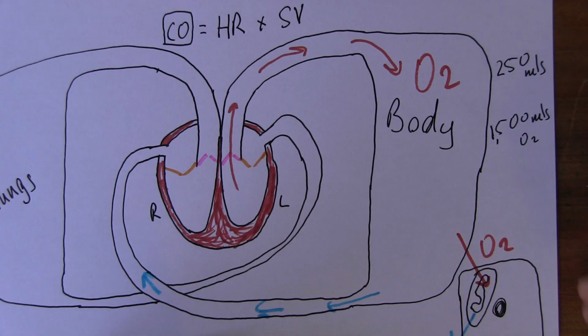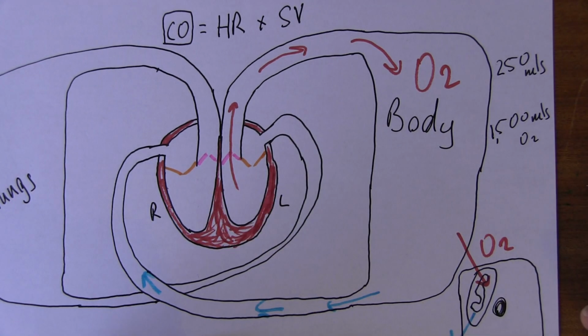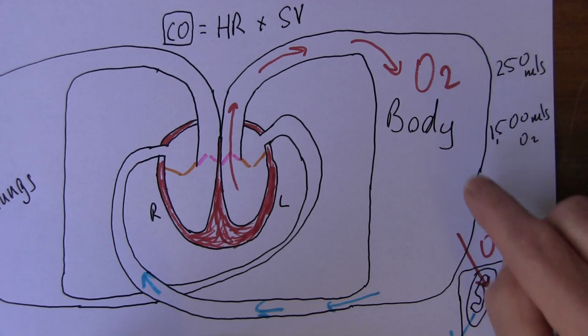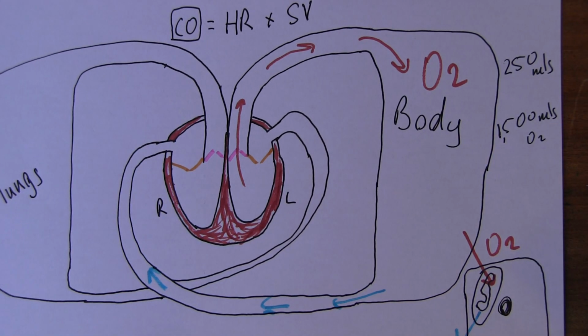But then as the condition worsens, their exercise capacity goes down and down because the left ventricular function is reducing, until eventually the patient might be short of breath and fatigued, even at rest, because they can't generate this minimum amount of oxygen that the body requires.